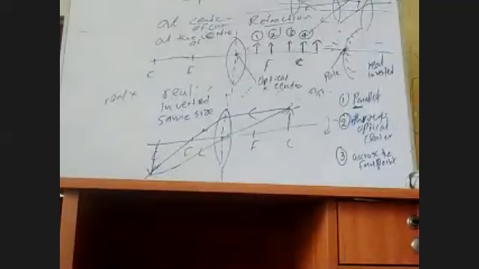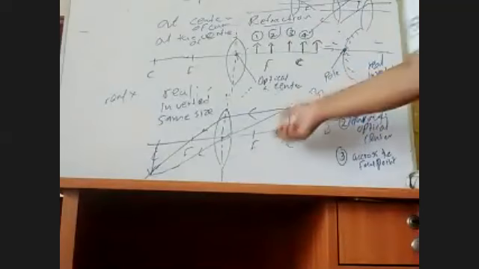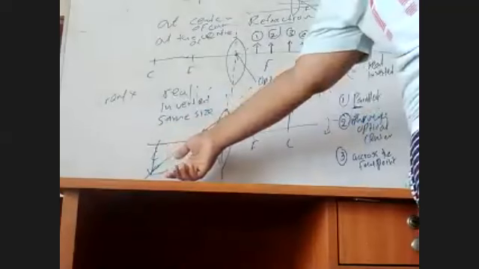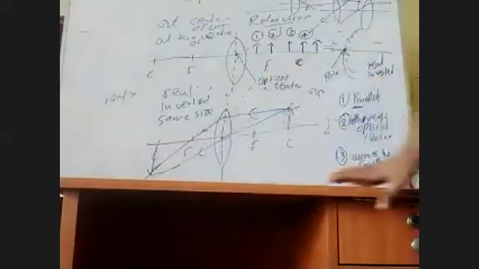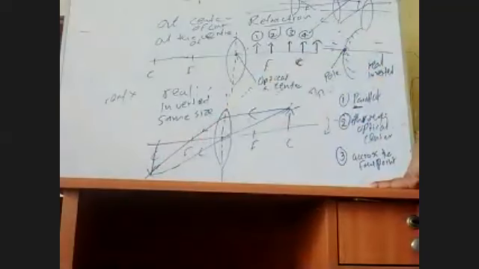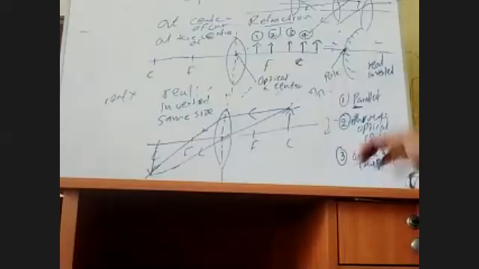After you draw it, please send it. If the image you get is not the same size as the object, please send me a photograph of the ray diagram you drew. I mean, WhatsApp me. Then I will see what mistake you have made in that ray diagram.